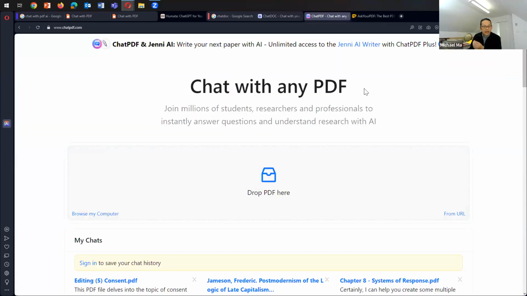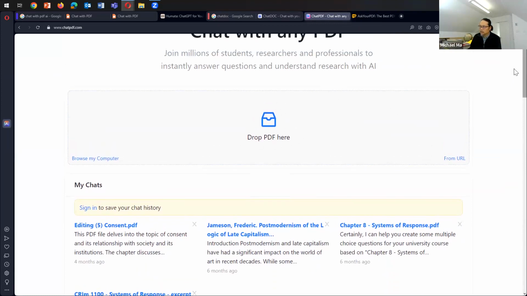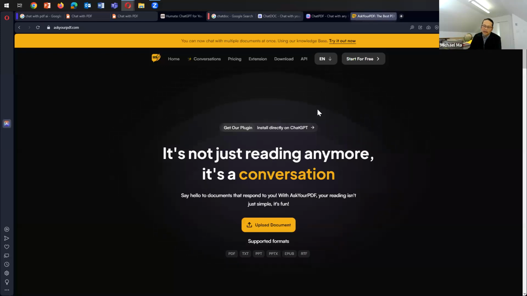Chat PDF, which is similar to Chat with PDF, but of course, it also has a feature where you can drop in the PDF and then you can start chatting with it. Or another one called Ask Your PDF. I've also reviewed Charlie AI and many others. They're all very similar.